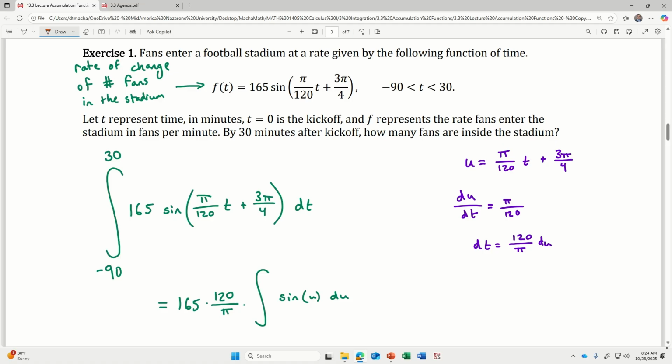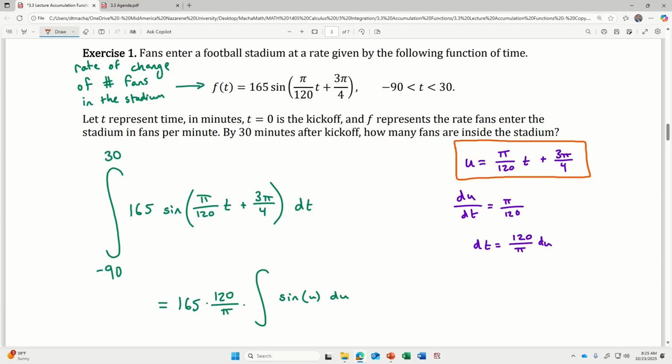So I need to use this formula to get my new lower bound and upper bound. I'm going to plug in the lower bound. Let's say t equals negative 90.